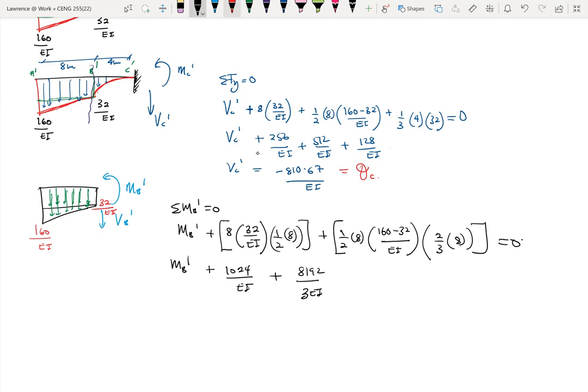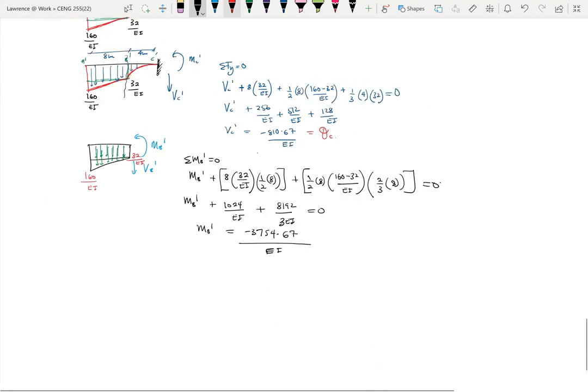So this seems like a very huge value. So our MB prime will be equal to minus 3754.67 over EI.